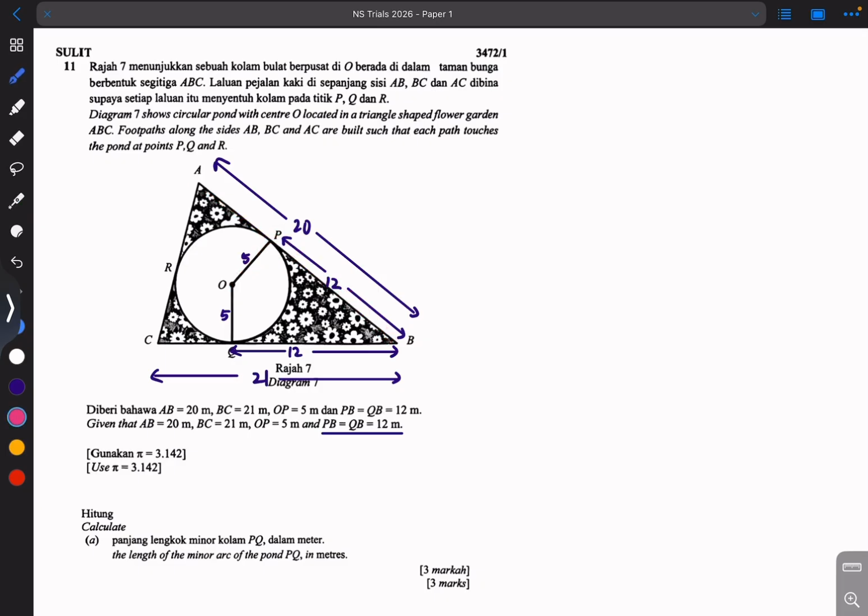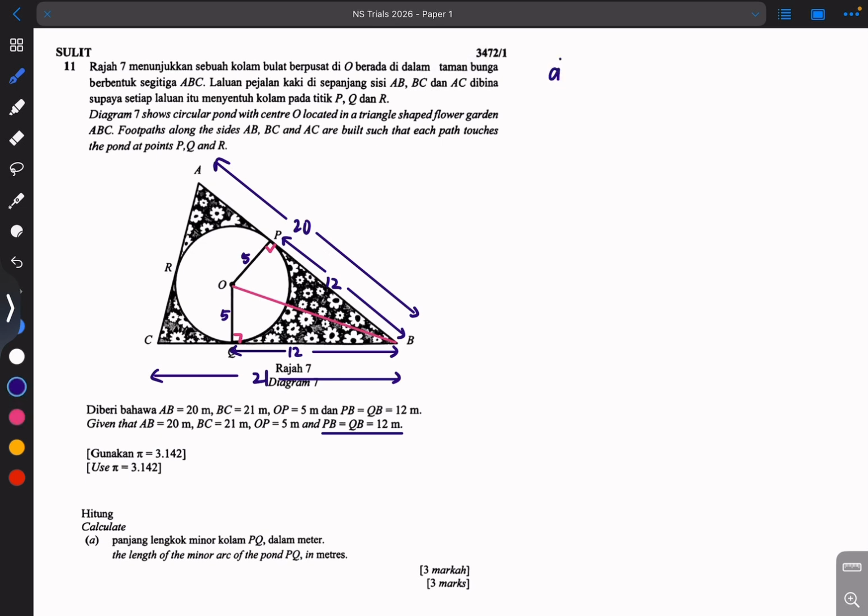So what we can do is we split this quadrilateral into two, and we will get two right angle triangles. Now that we have right angle triangles, we can easily find the theta here. If we find this theta, then we can just double it. Right angle triangles unlock SOHCAHTOA and Pythagoras theorem.